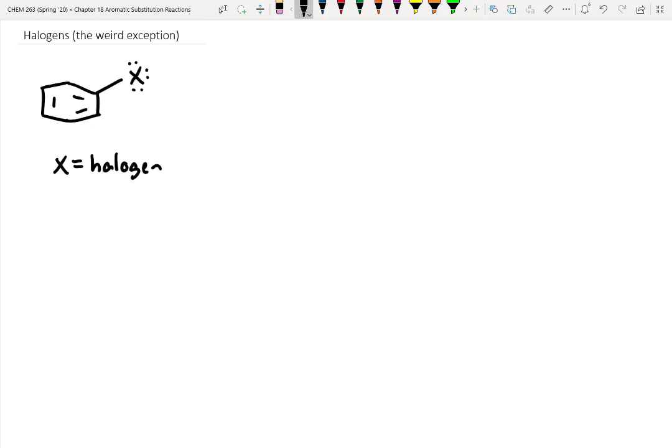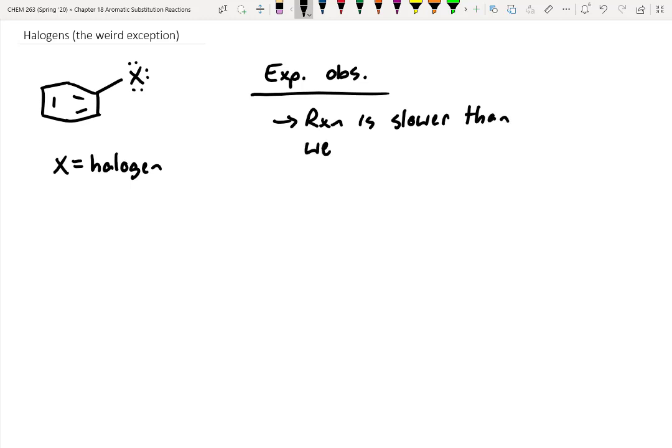The first thing that we know from our experimental observation is that the reaction is slower than with benzene. Specifically, let me rewrite this: the EAS reaction, the electrophilic aromatic substitution reaction, is slower than with benzene.